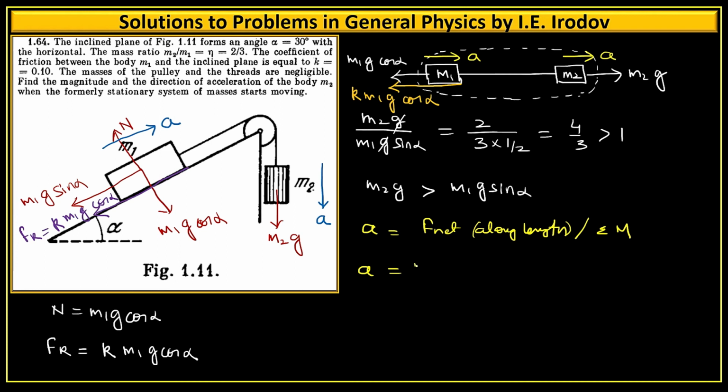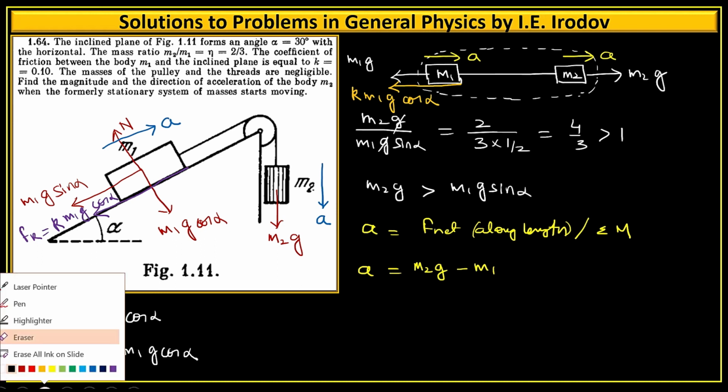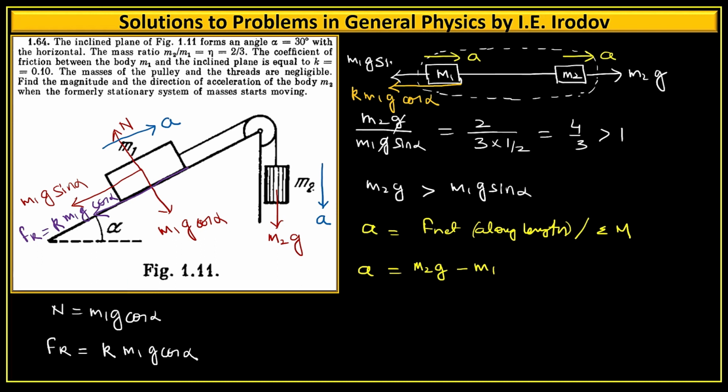So that is m2g minus m1g sine alpha. I've made one mistake, this is not cos alpha, this is m1g sine alpha. So m1g sine alpha and minus k m1g cos alpha, and divide this by the total mass of the system, which is m1 plus m2.